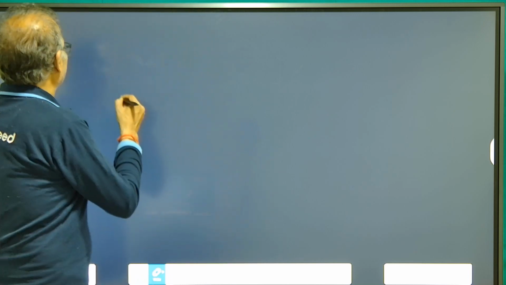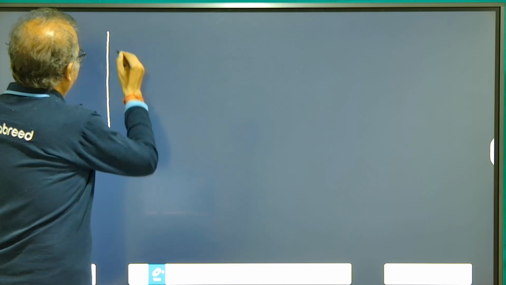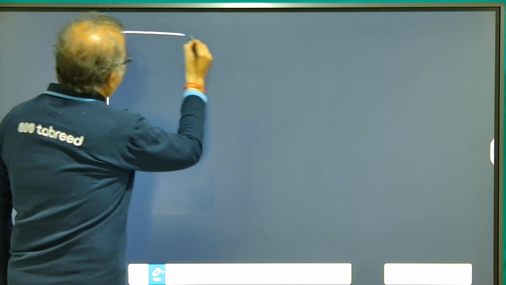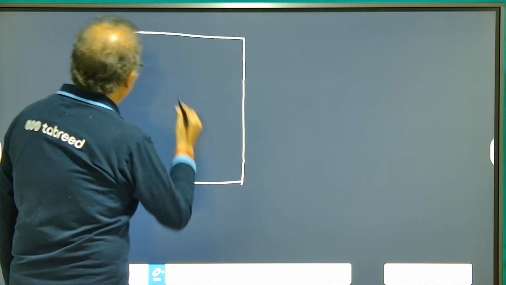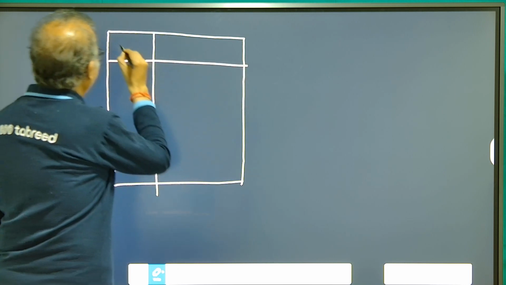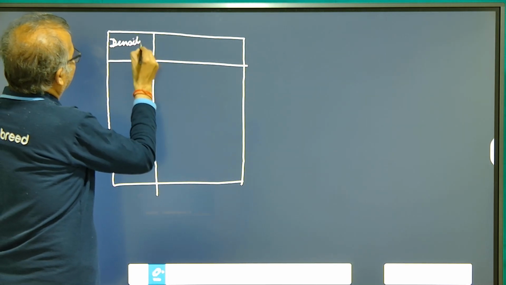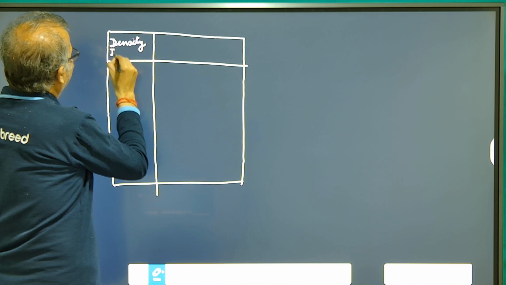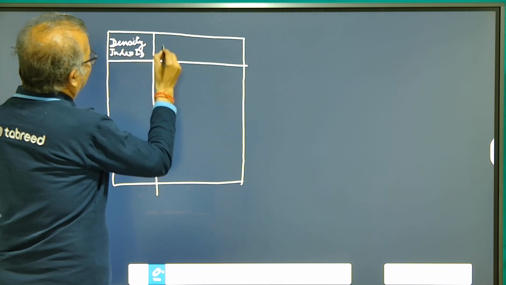Now, there is one table. After getting the values, we can find out the state of soil from the density index ID classification.